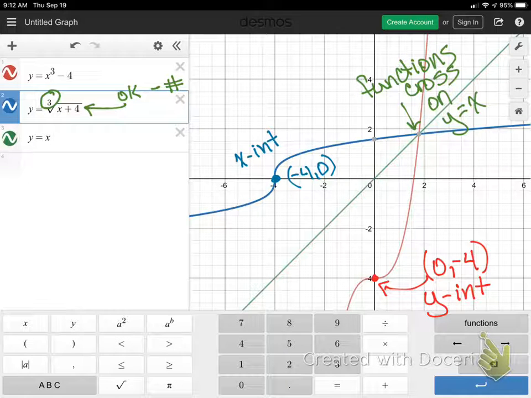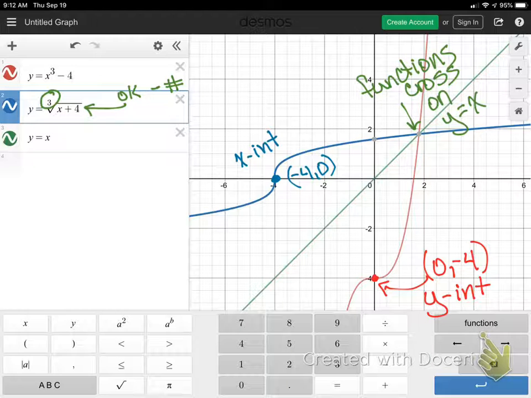So, if I ask you, what is the domain of x to the third minus 4? Now, you can look at the graph. But for x to the third minus 4, I'm not in a fraction or a rational, and I don't have a square root. So what's the domain of that function? Do I have to limit it in any way?